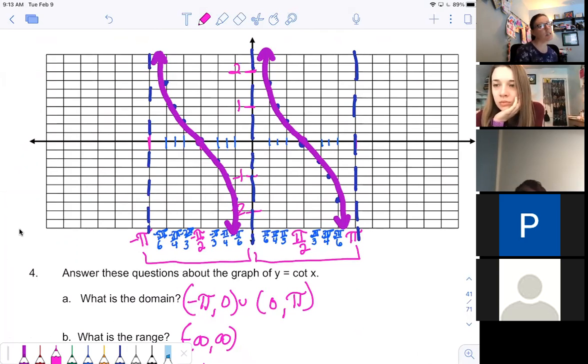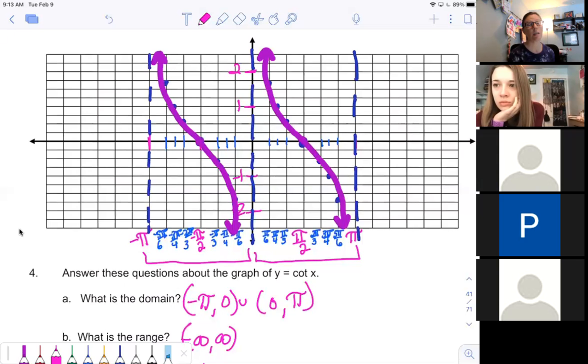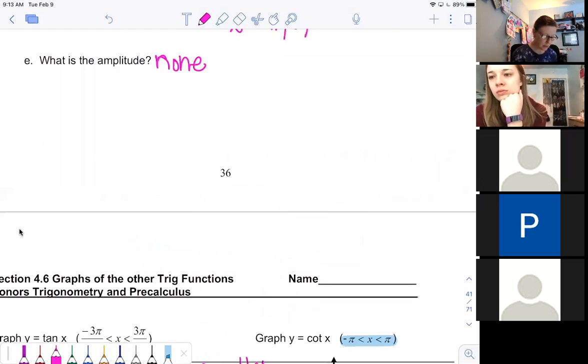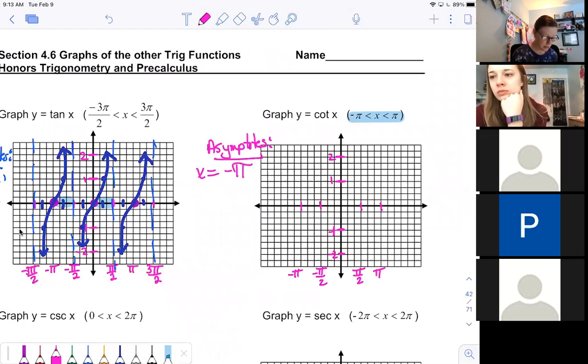So if tangent increases, cotangent decreases. They're going to do the opposite. Also notice that your asymptotes are at different locations. So our asymptotes are at pi values. So I have an asymptote at negative pi, we have one at 0, and we have one at positive pi.